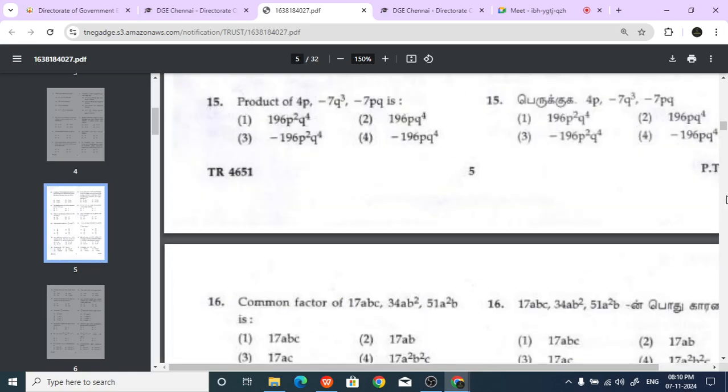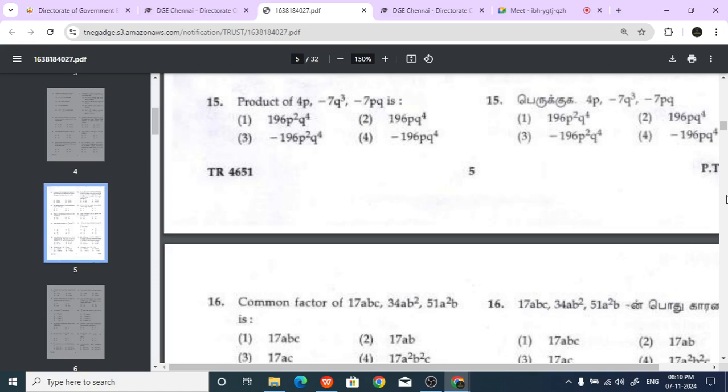Okay. Go to the next question. Product of 4p minus 7q cube and minus 7p cube is. Here, option 3 and 4 is not the answer because there are 2 minuses there. If you multiply, you will get plus only. So option 3 and 4 is out.